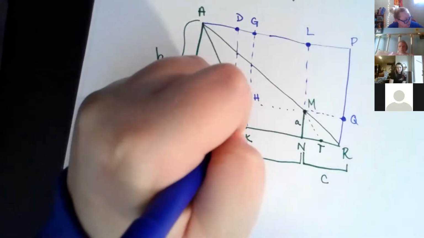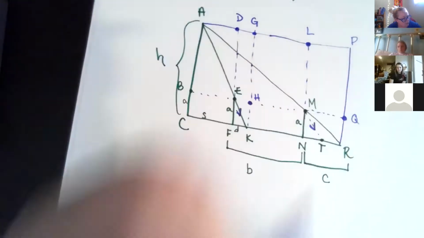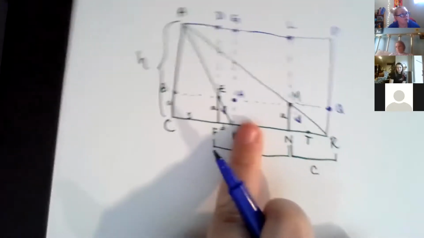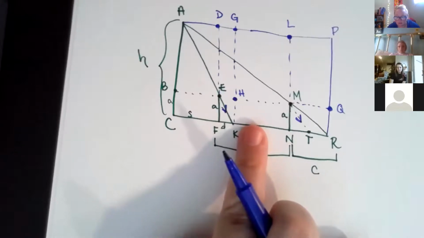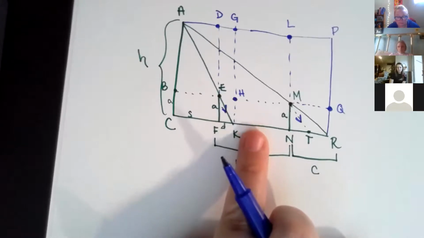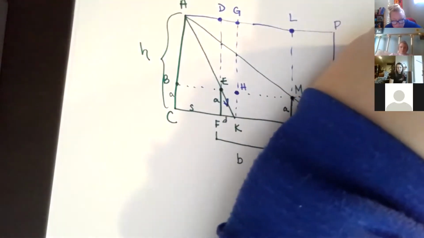So this line is parallel to this line, and we have a parallelogram there, right? And then we have triangle AEK is similar to triangle MTR.